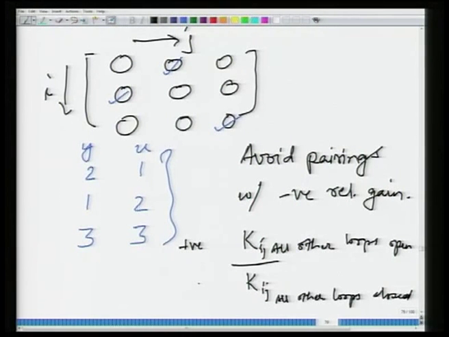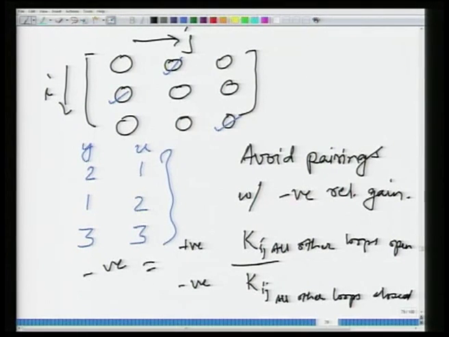If all other loops are open, if you increase steam, tray temperature increases. On the other hand, if all other loops are closed, if you are increasing steam, the tray temperature is decreasing. When you take the ratio, you will get a net negative number, right.